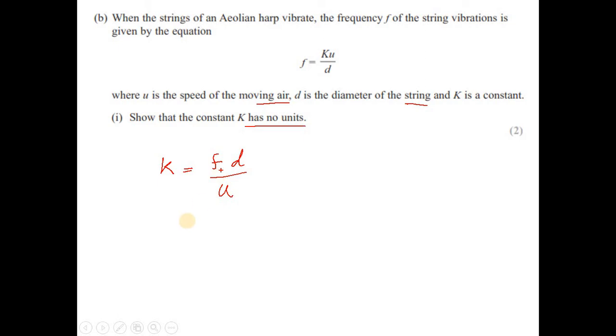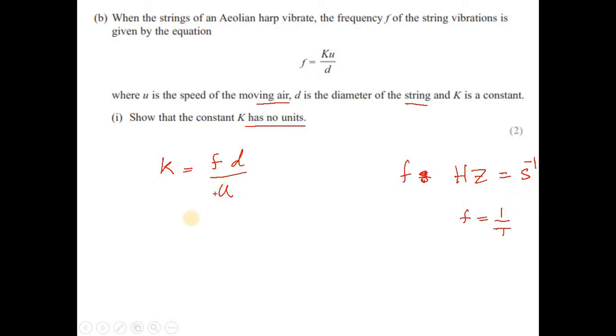Clearly f is the frequency, and the unit of frequency is hertz, and this is the SI unit. You can say the base unit of hertz is s inverse. Why is that? Because frequency is basically the reciprocal of the time period. That's why hertz is equal to second inverse.